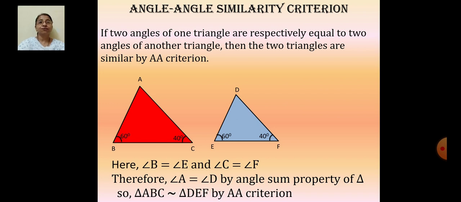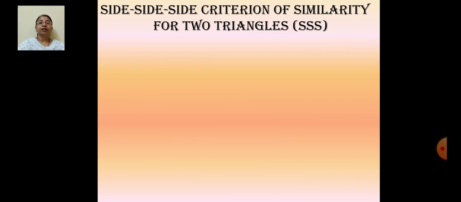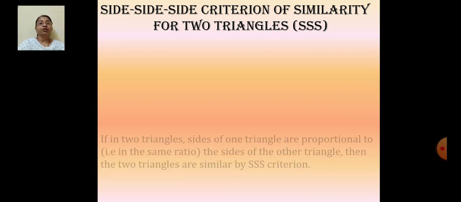So this is the first criterion, in which we need a minimum of two angles of one triangle equal to the corresponding two angles of the other triangle. Understood? Okay. Now the next criterion is the side criterion.